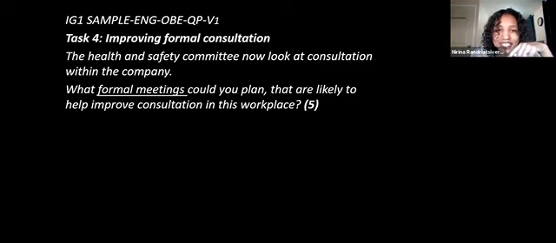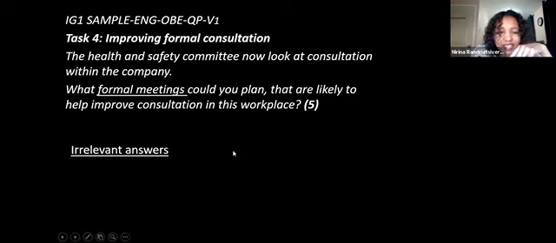So it's a what question, just what. If we analyze the question: what formal meetings, in order to improve consultation. And it's 5 marks, meaning you'll have to provide at least 5 different types of formal meeting to get those 5 marks.